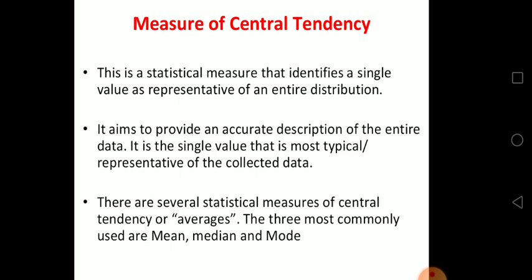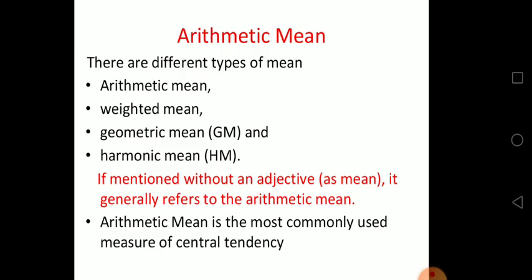I repeat, mean, median, and mode are the most commonly used measure of central tendency. Now, in this class, we shall lay more emphasis on arithmetic mean. Our discussion today will be centered on arithmetic mean.